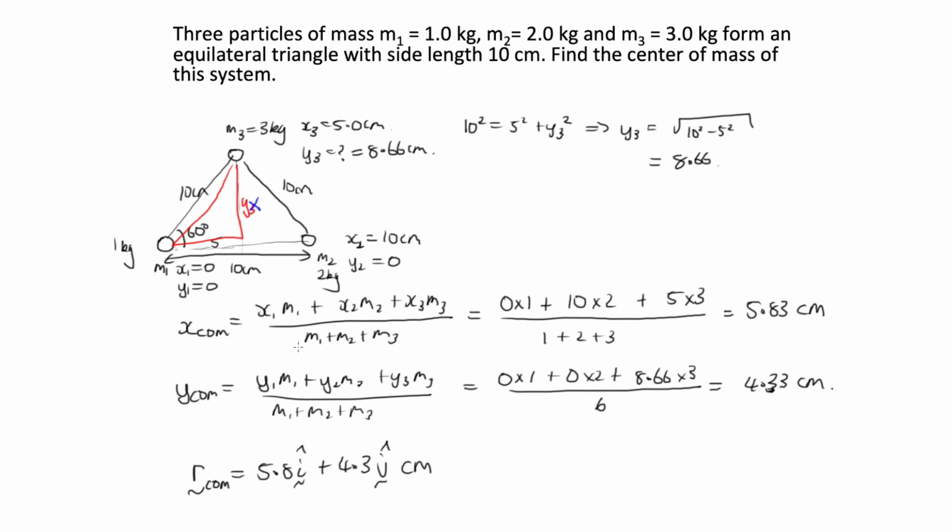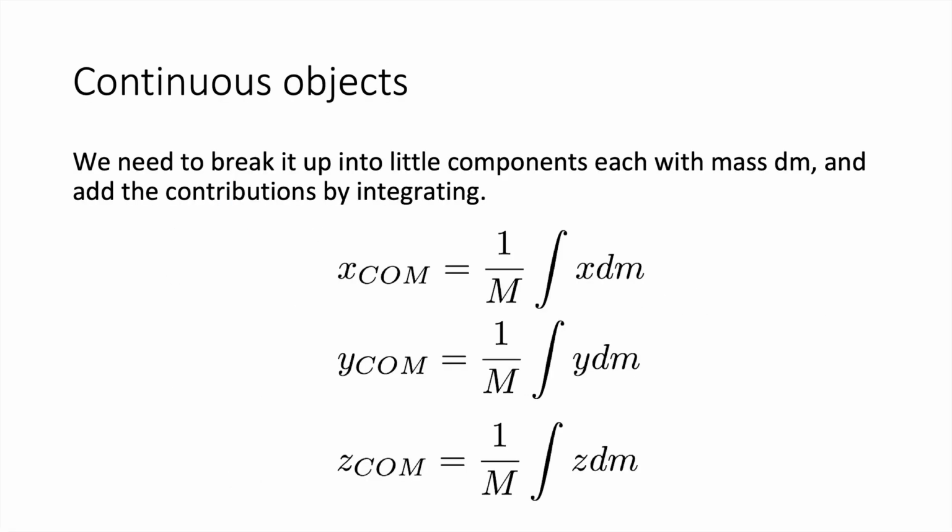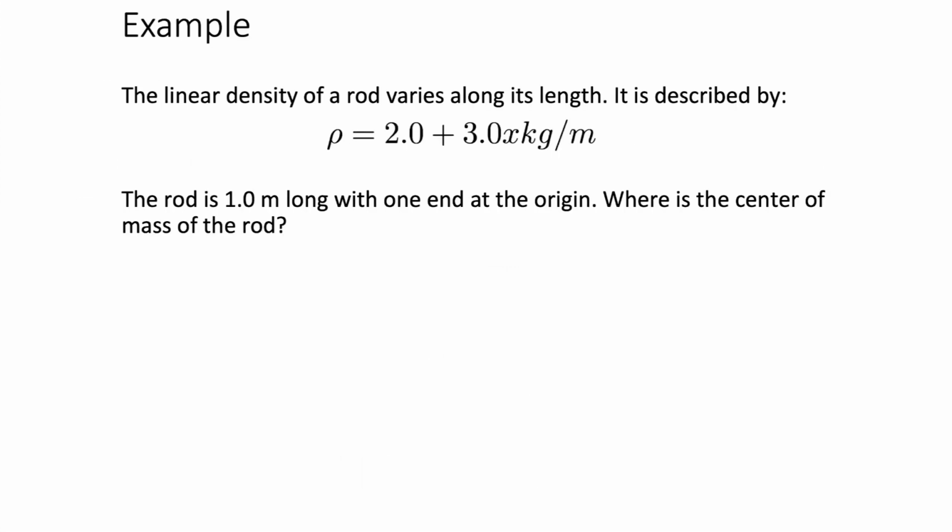Now we can also find the center of mass of a continuous object. To find the center of mass of a continuous object, we need to break it up into little components, each with a mass dm, and then sum across all of these contributions through integration. I think it's easiest to see how to do this through an example. So in this example problem, we've got a rod.